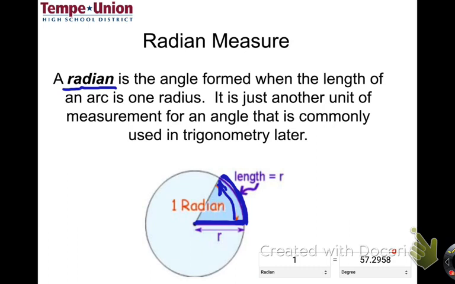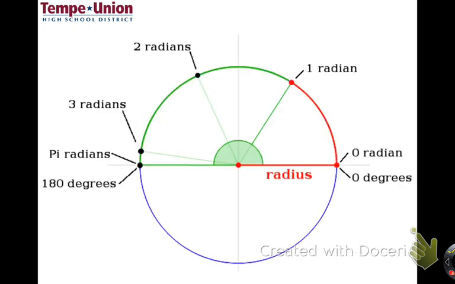Now a couple visuals, just to kind of see what a radian is. So a radian, again, is about 57 degrees, and so you're moving this direction. So this would be 1 radian, going around the circle. And notice again, the radius is the same as this arc length. So those two are the same lengths. Then if I did that again, I would be moving right along. There's 2 radians.